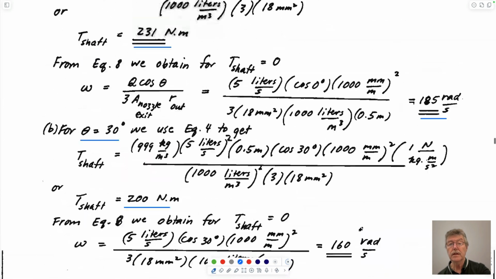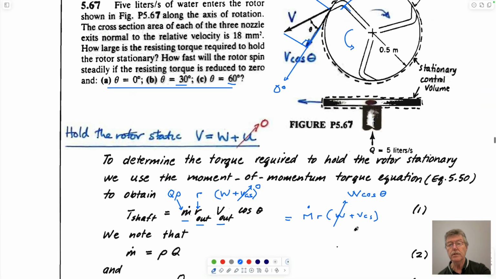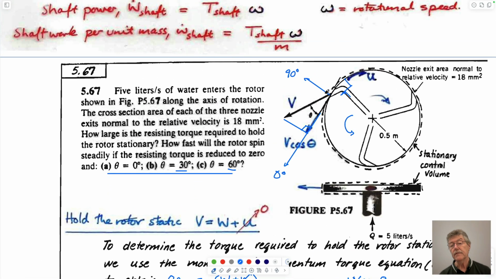They don't do it for, and you can guess what it would be if it was 90 degrees. If it's 90 degrees, then by definition, the torque is going to be 0, and the velocity is also going to be 0. It won't work, right? If it was 89, then it would be very small.